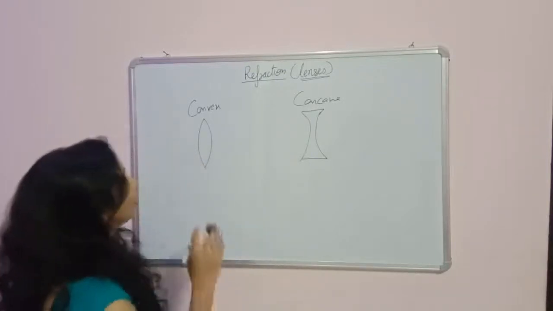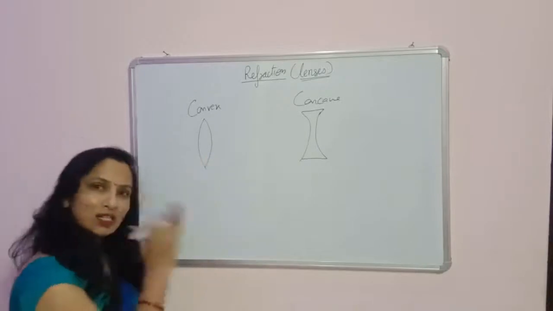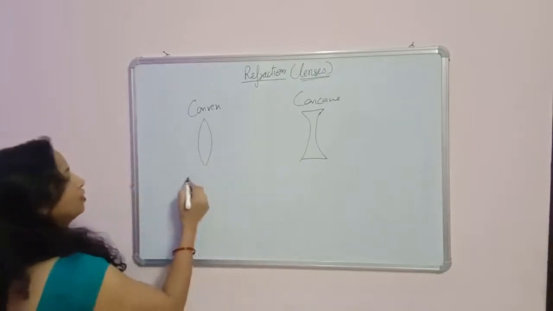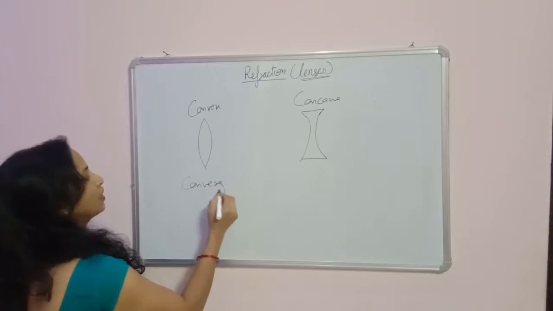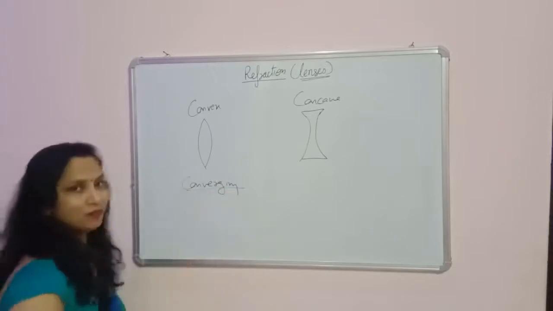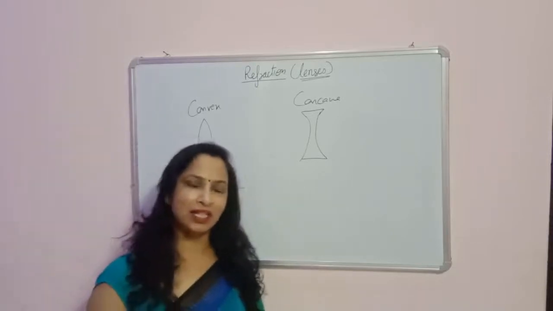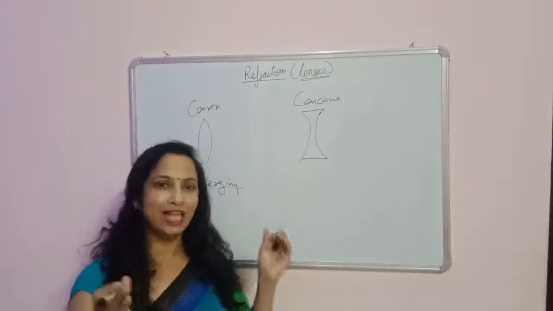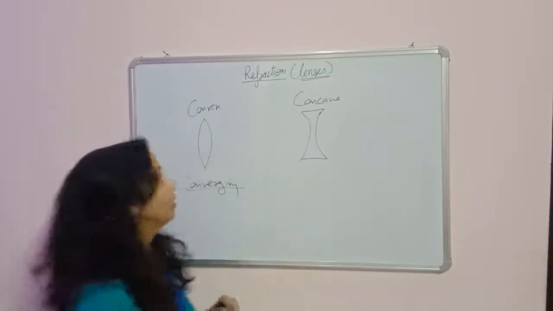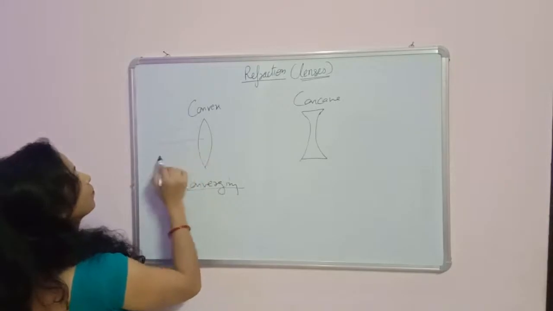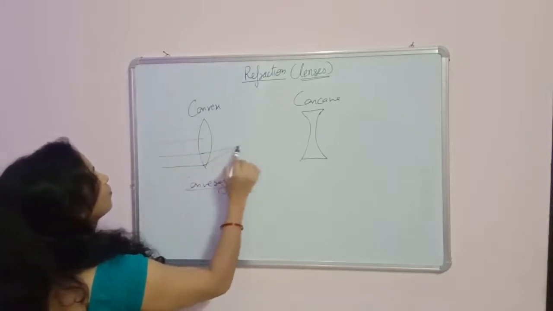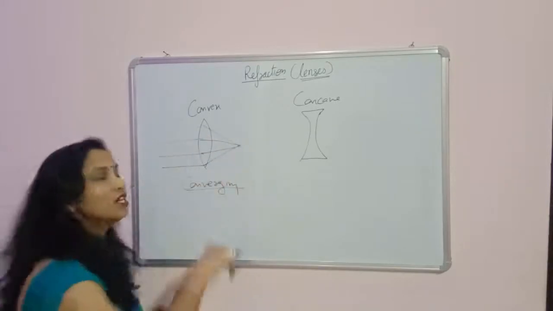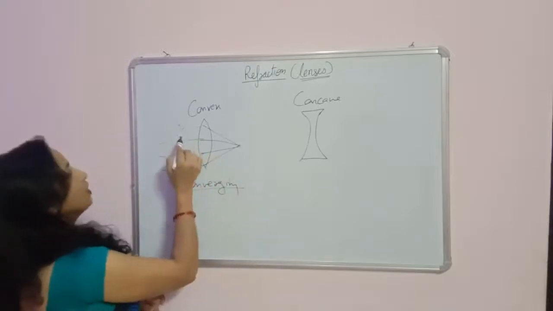This convex lens is also known as the converging lens. You know what is the meaning of converging? The light rays which fall on this lens, it converges all the light rays. That's why it is called the converging lens.